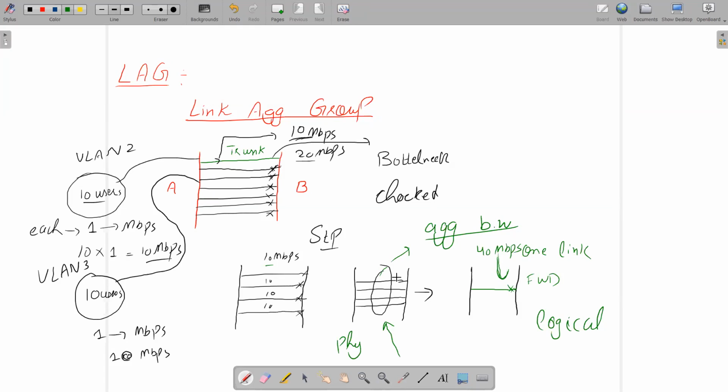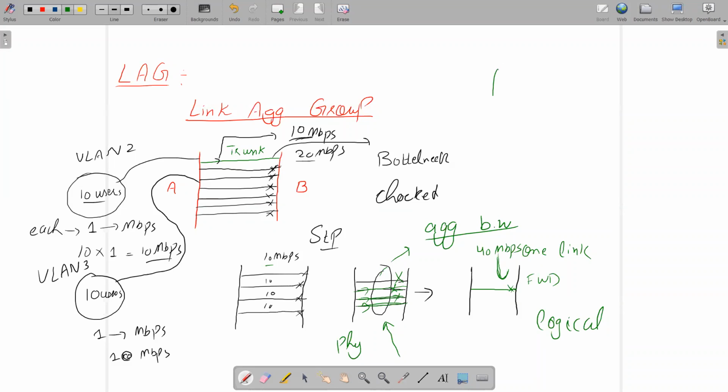And if one link goes down, no problem, all the rest of the interfaces will be used to forward the traffic. And if a second link goes down, no problem, still you have 2 interfaces. And if the third link goes down, again, there will be a choking situation.